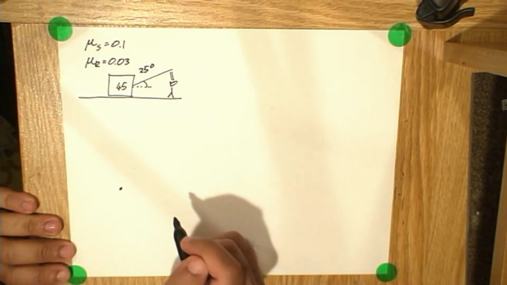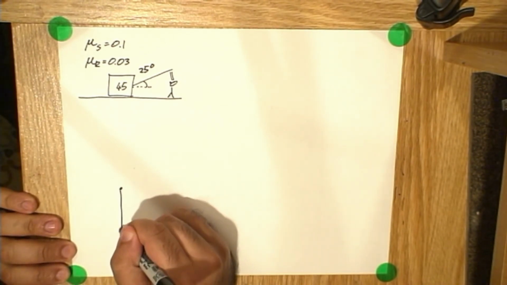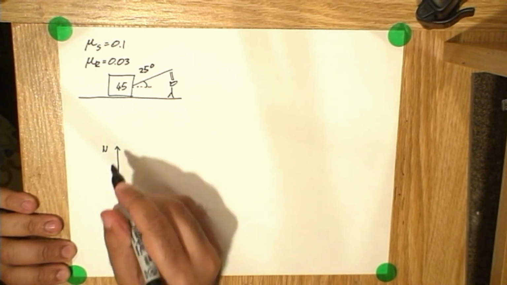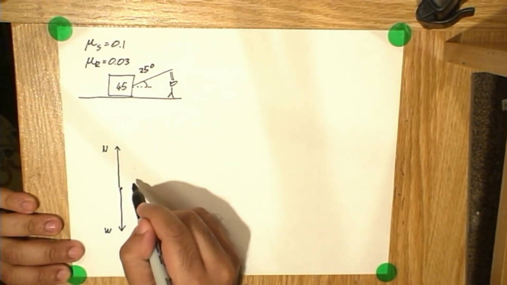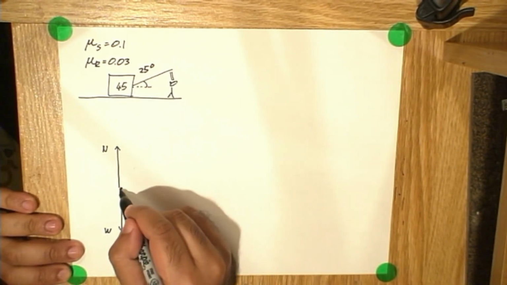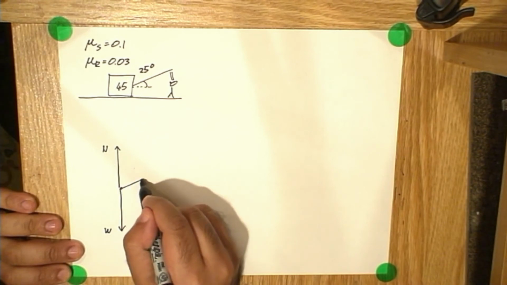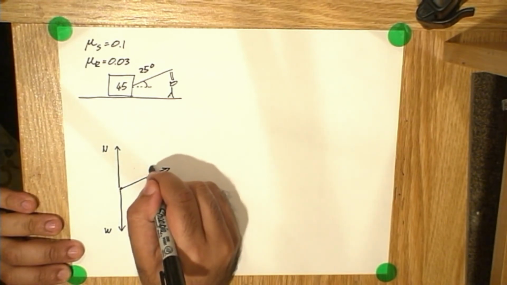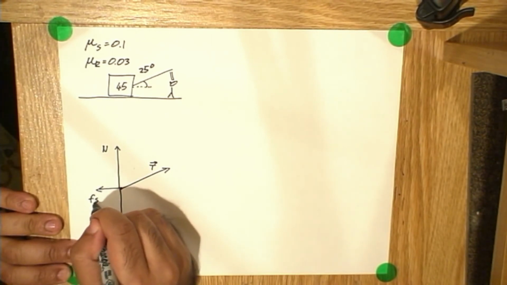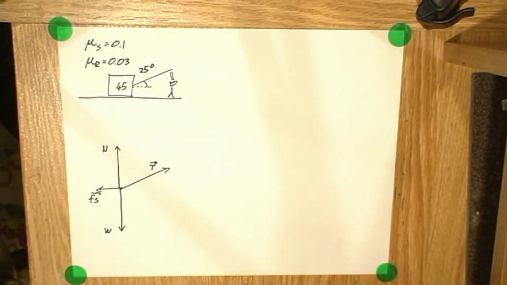Let's draw the free body diagram. The weight force will point down, the normal force will point up. The applied force is coming from the rope, and since it is a rope, we shouldn't call it an applied force anymore, we should call it a tension. And finally, there is the force of static friction. Now, let us draw our axes.